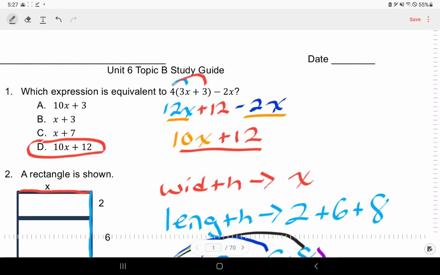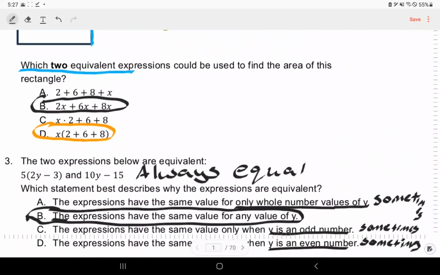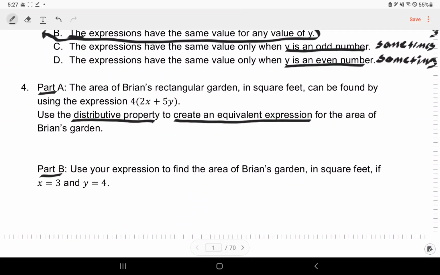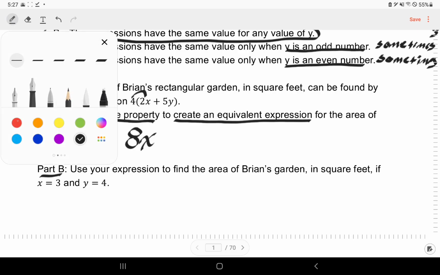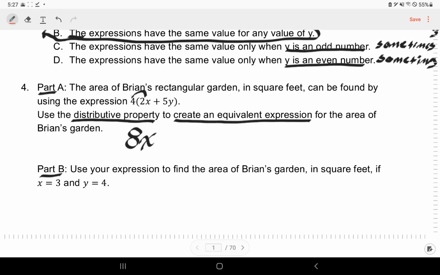So 4 times 2 is 8. 4 times 5 is 20. And so there's our answer.